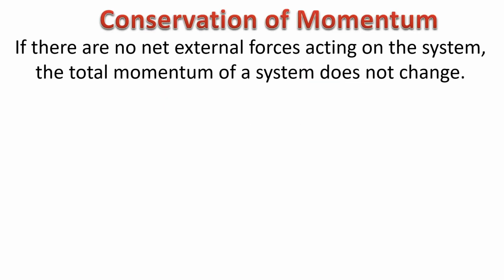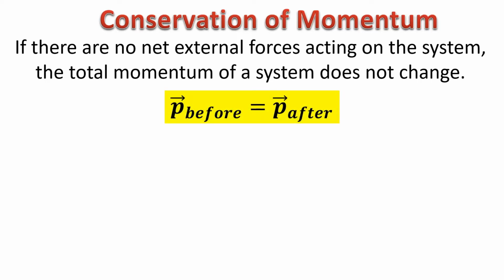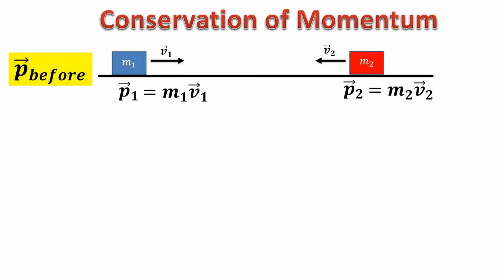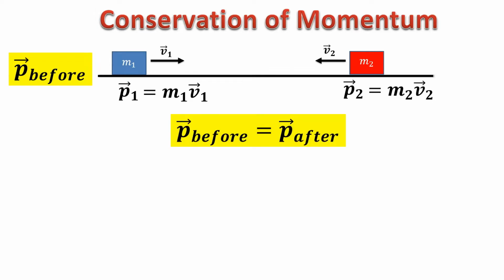Based on the conservation of momentum, the total momentum before collision should be the same as the momentum after collision. Before the collision, to get the total momentum we take the sum of the momenta of the two masses. So we have P1 plus P2, in which P1 is equal to m1 v1 and P2 is equal to m2 v2.